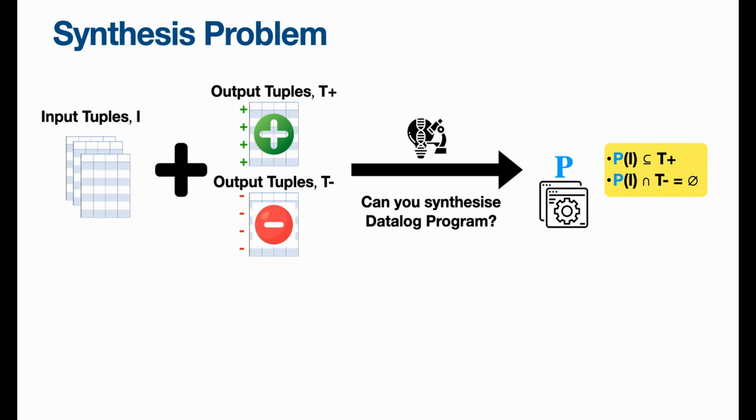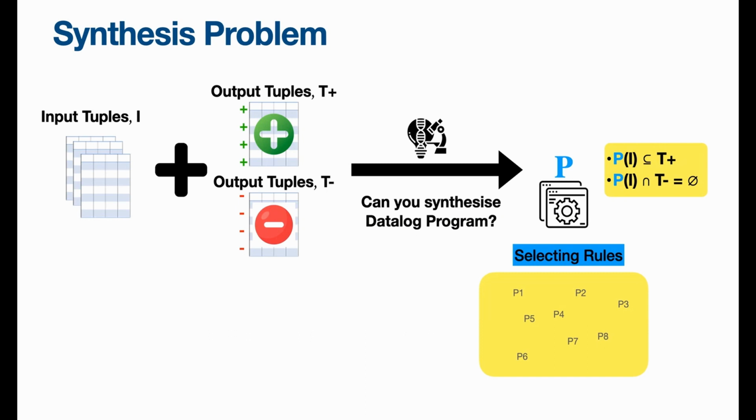So in general, synthesizing a program itself might look a bit hard, but what is Datalog? It is basically a bunch of rules, right? So if you are able to pick the right rules, you have already generated a Datalog program. So the problem of synthesizing really boils down to selecting rules.